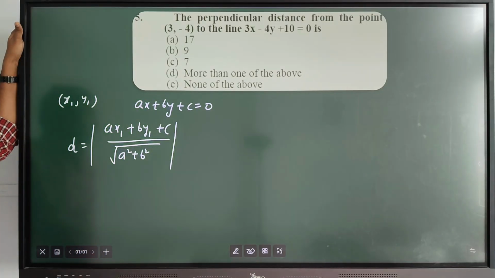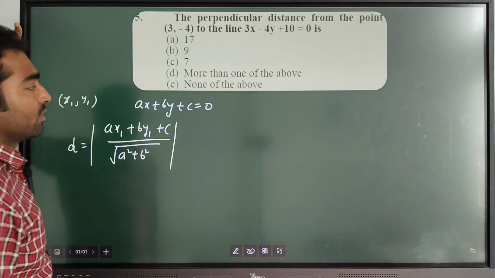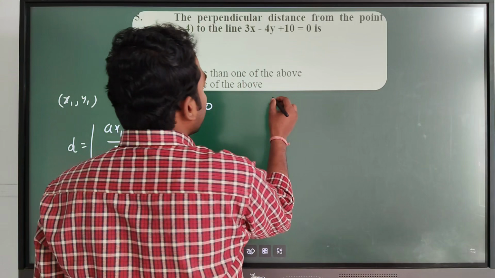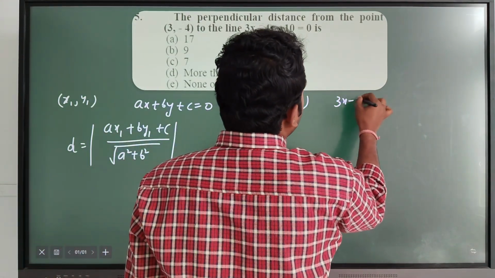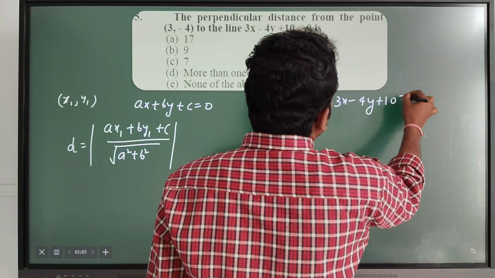This is the formula for the distance of a point to a line, and here the point is (3, -4) and the line is 3x - 4y + 10 = 0.